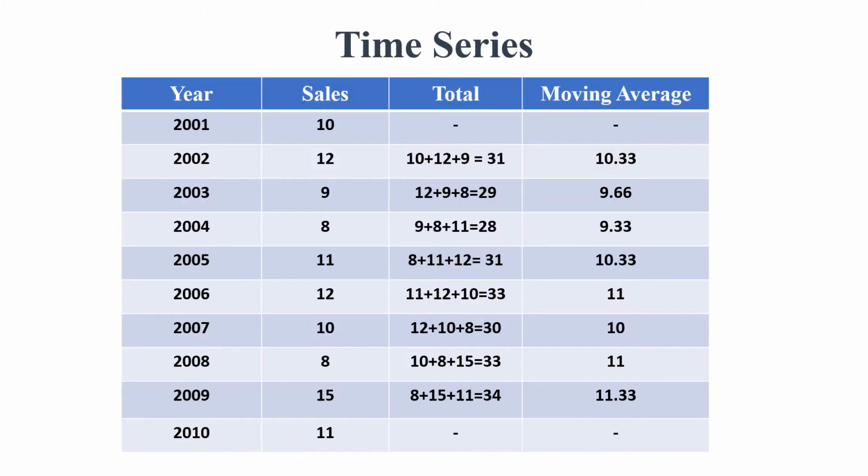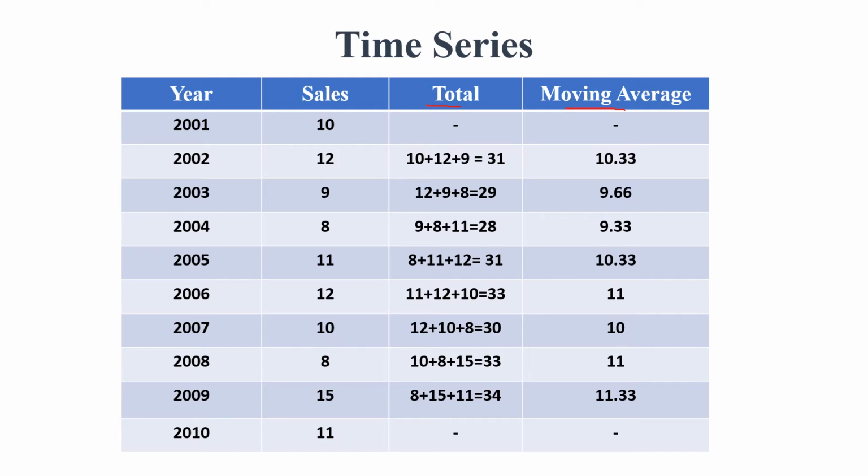So what we will do over here is make the columns 3-yearly total and 3-yearly moving average. The students are supposed to keep in mind that the two columns given are the year and the sales. In that case, we'll substitute the values.